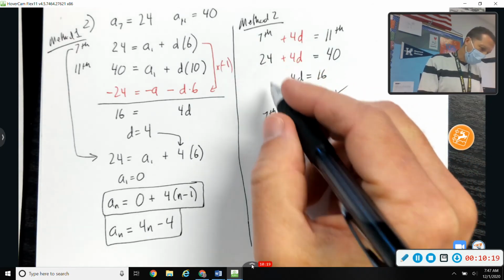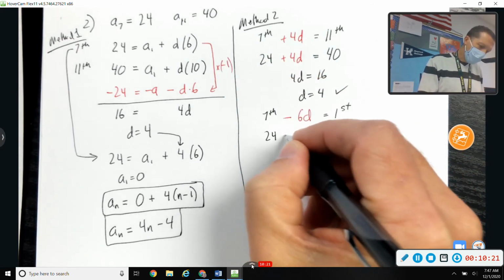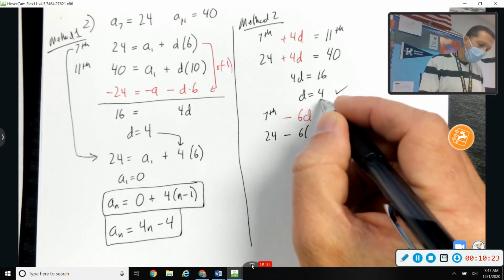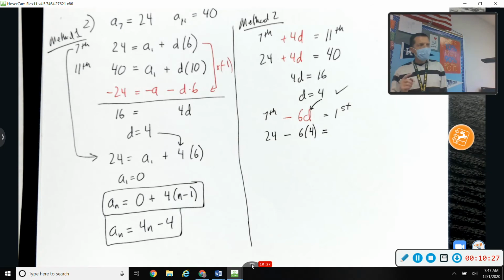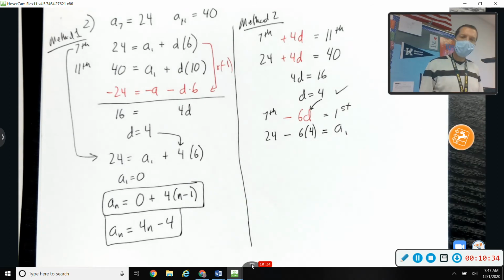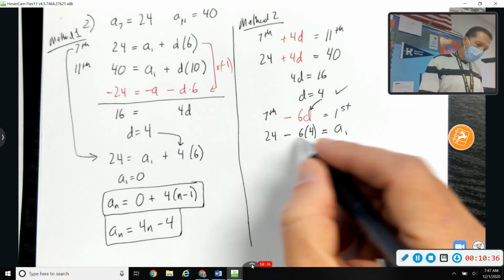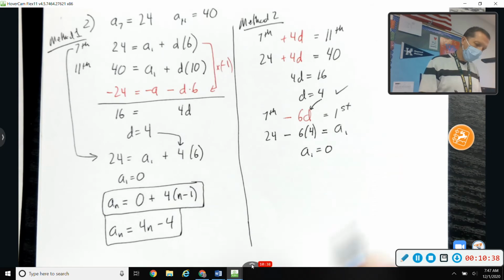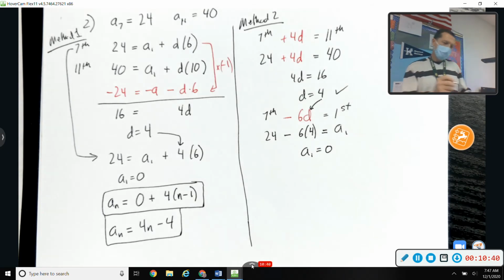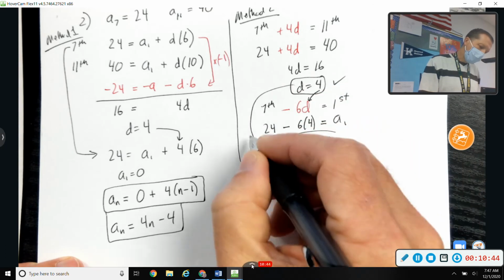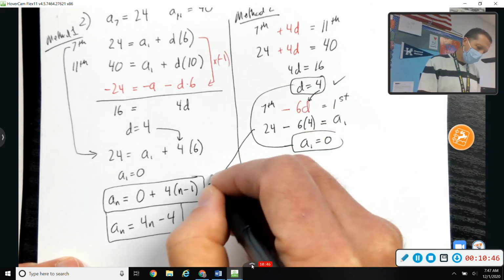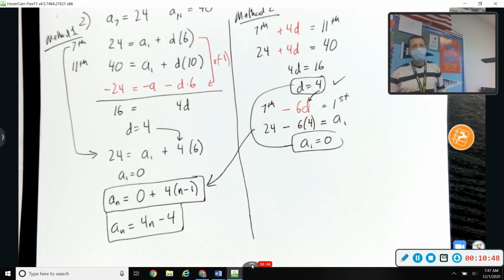The 7th term is 24. We already know what the difference is. If we back up 6 fours, if we back up 4 6 times, we land at the first term, and that's what we're looking for. So A1 equals 0. So we take our D and our A1, and we can jump in and get the equation that way.